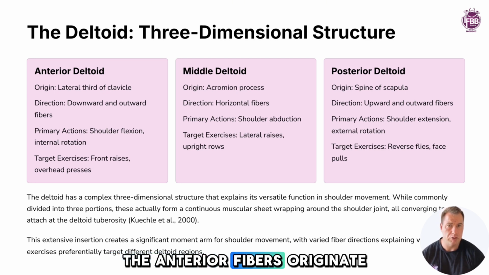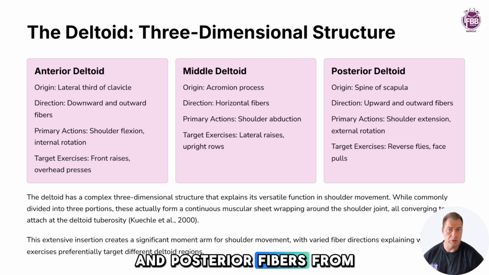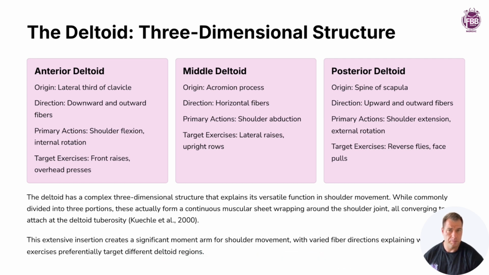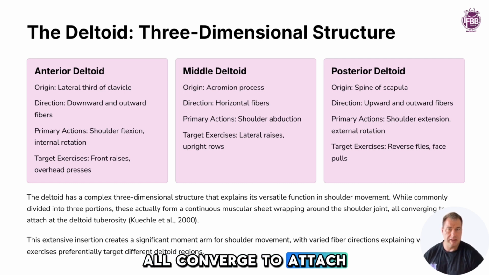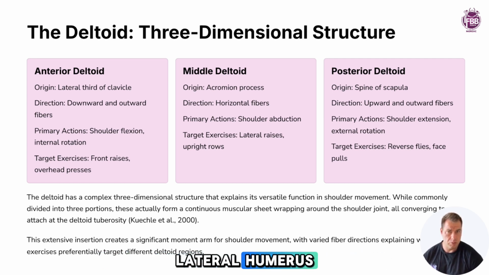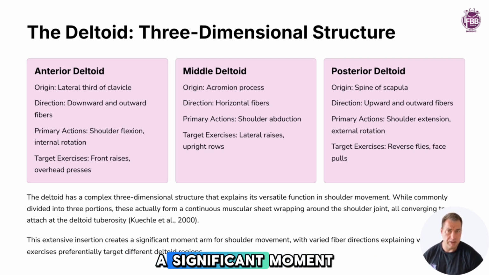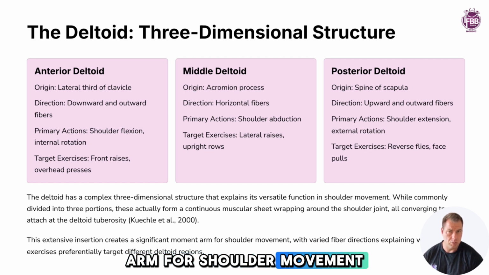The anterior fibers originate from the lateral clavicle, middle fibers from the acromion, and posterior fibers from the scapular spine. All converge to attach at the deltoid tuberosity, approximately halfway down the lateral humerus. This extensive insertion creates a significant moment arm for shoulder movement.